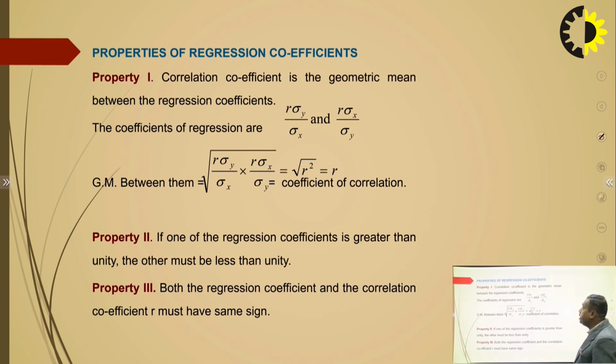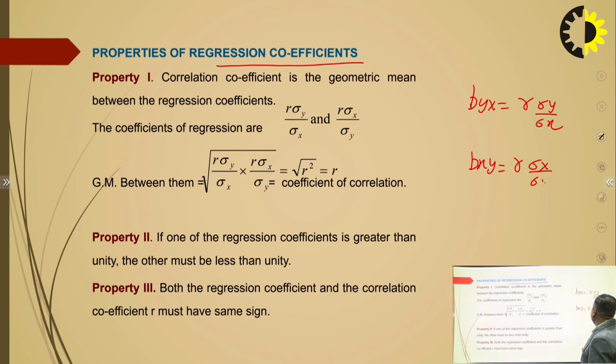There are some properties of the regression coefficient. The first property is that the correlation coefficient is the geometric mean of the regression coefficients. Byx is equal to R sigma y upon sigma x. Similarly, bxy is equal to R sigma x upon sigma y.